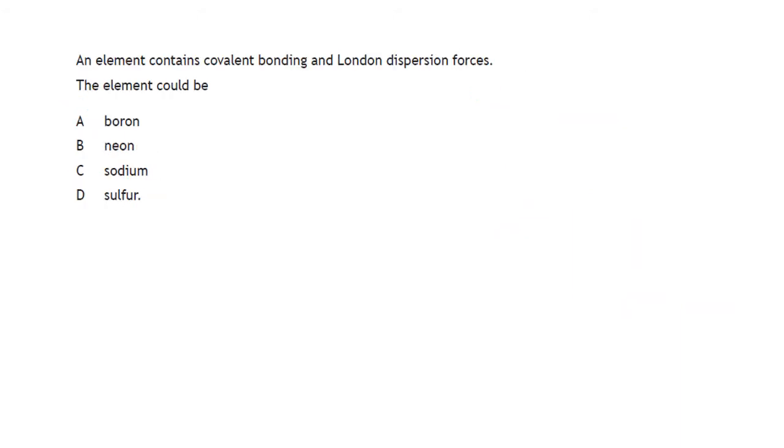If we calculated our time in seconds, our units are going to be seconds to the -1. So this one, elements that contain covalent bonding and London dispersion forces. Now remember, if we've got London dispersion forces, that means we are covalent molecular. So anything that is not covalent molecular, if it's monoatomic, it can have London dispersion forces, but it does not have covalent bonding.